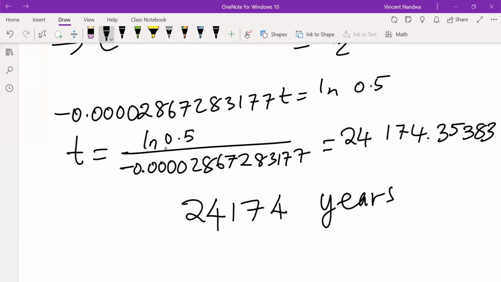So that's how we get the value for half-life of that given material.